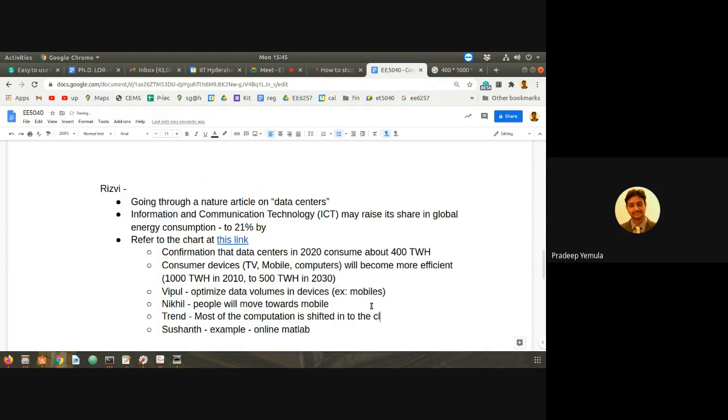Shifted into the cloud, and the end device is only used for collecting the inputs and displaying the output.